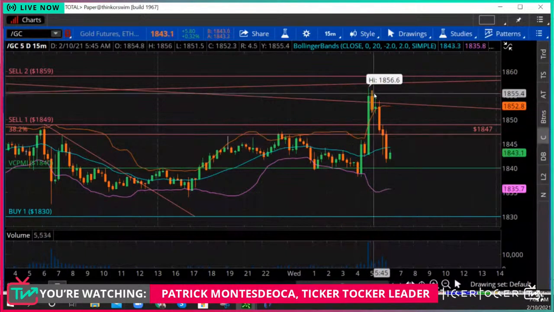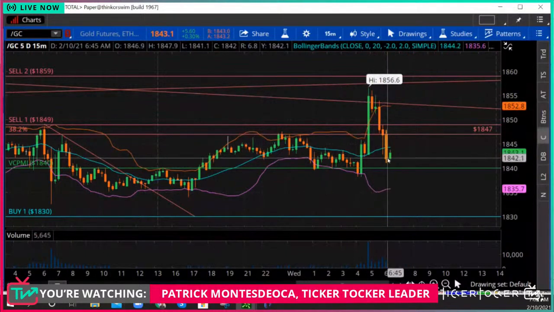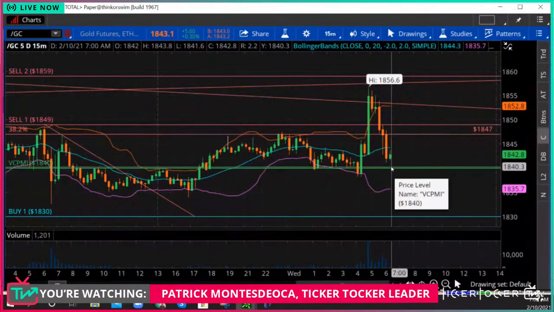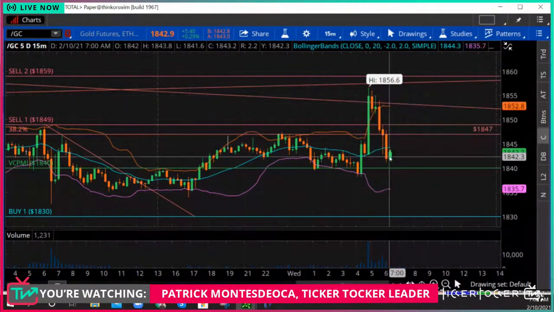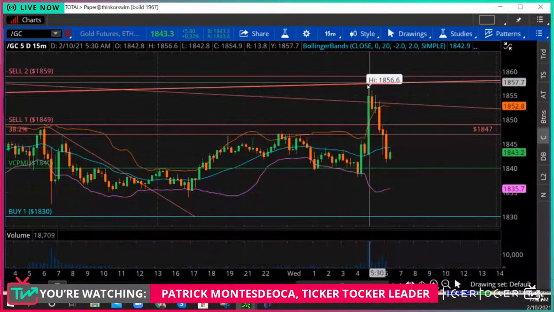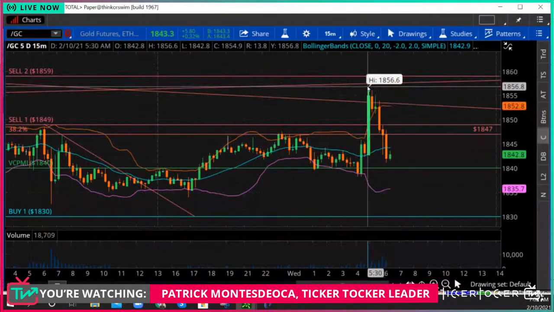And the market reverted right down almost into the first target of 1840. We're seeing a lot of volatility here in the market as we approach these red levels up here.